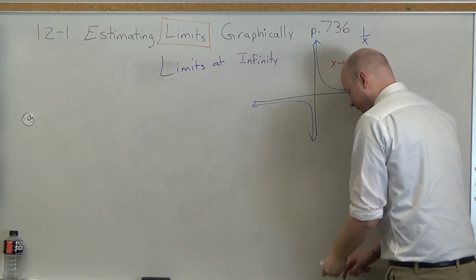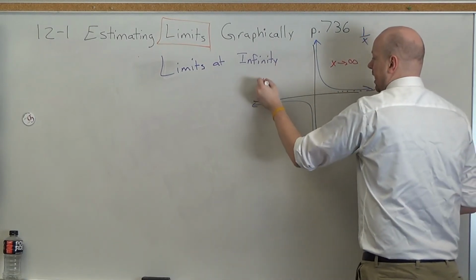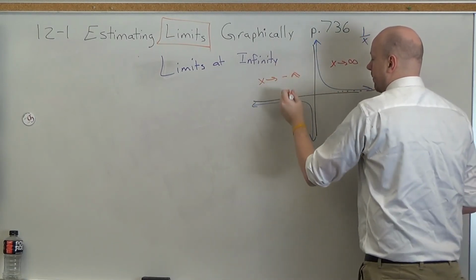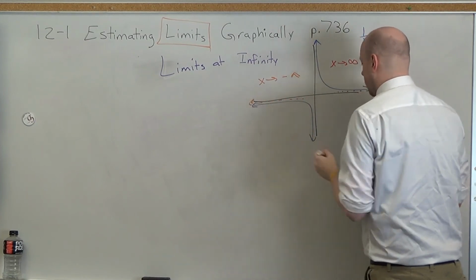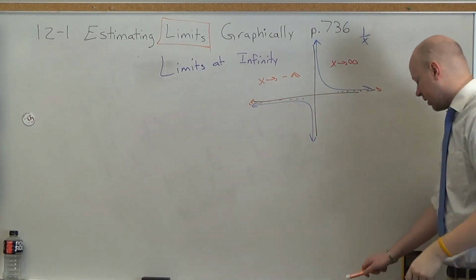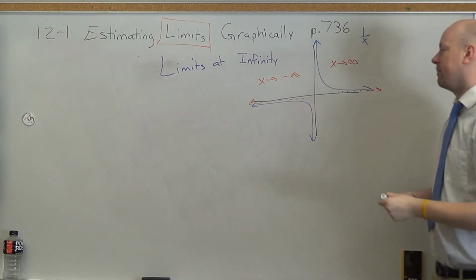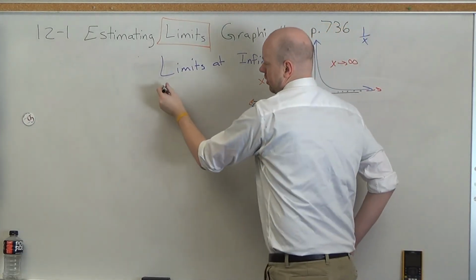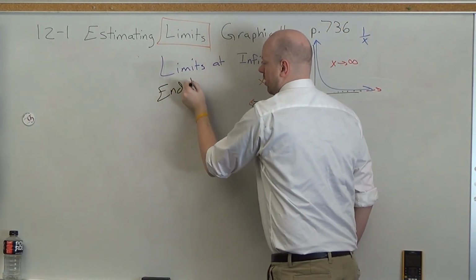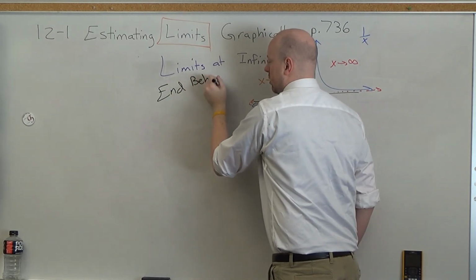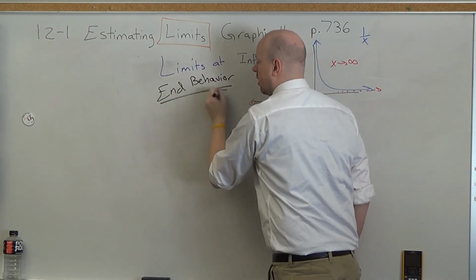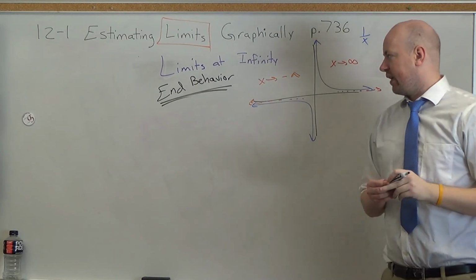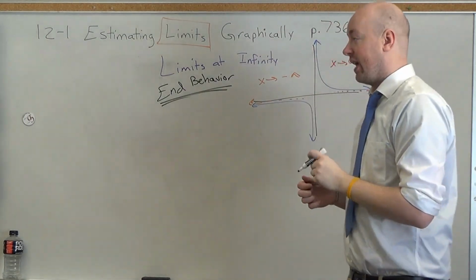Or if we're talking about the limit as x approaches negative infinity, going this way. Okay. Those of you who remember, it has a very fancy name called end behavior. That's the big thing with limits at infinity, just those end behavior things.